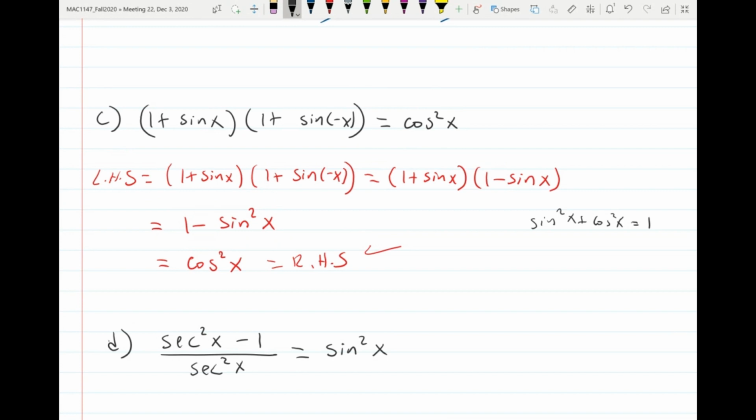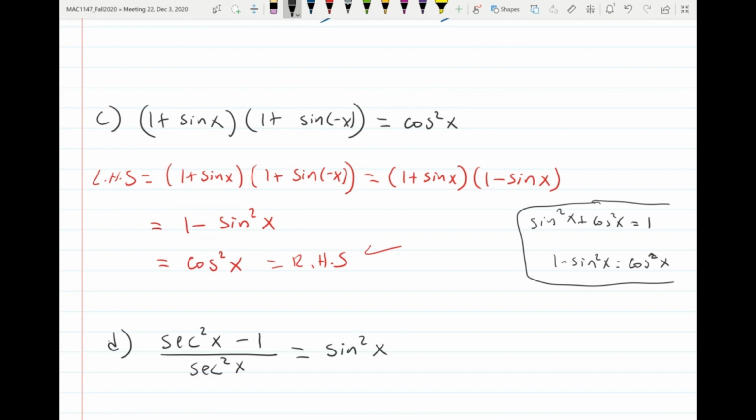So if you move the sine squared to the other side, what do we get? We get the 1 minus sine squared becomes cosine squared. Do you understand this, Emily? All right, so that's what's going on.